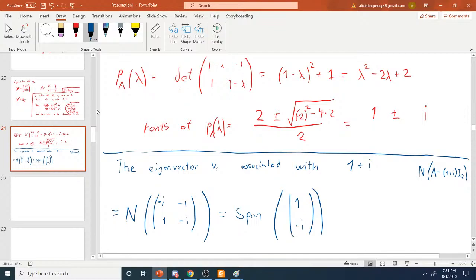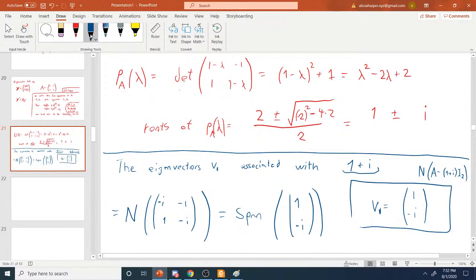Yeah, this works. So what we can do is take v1 to be the vector 1 and negative i. And I guess to clarify my terminology, there's a whole vector space of eigenvectors associated with this eigenvalue. But really, I only need to take one of them, and you can take any one in the span. For simplicity's sake, I'm going to take this one.